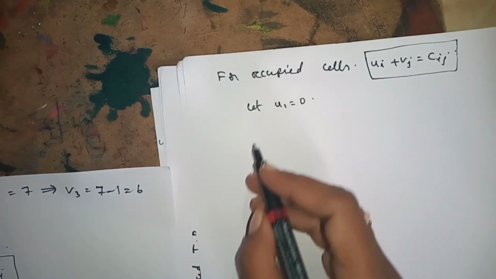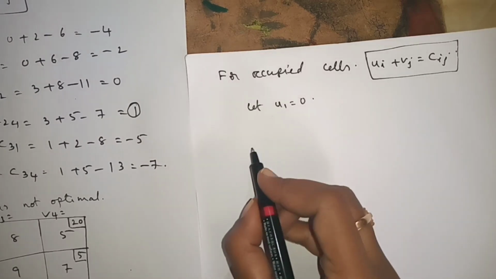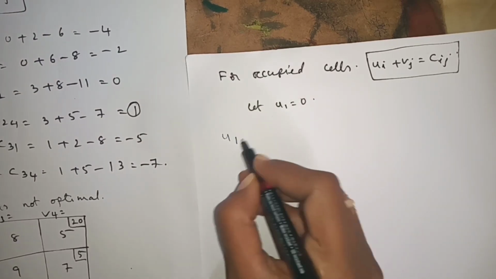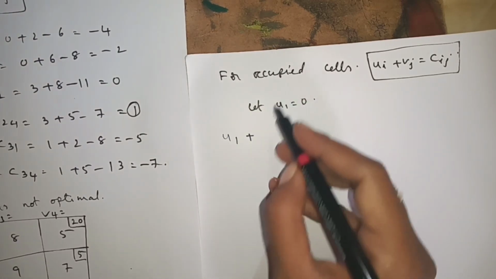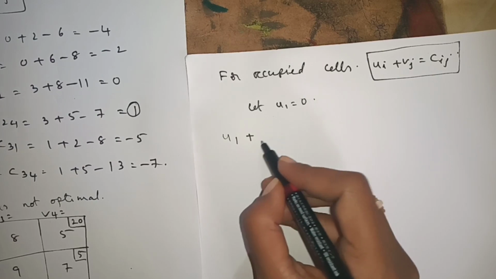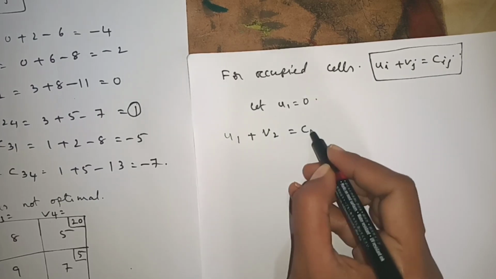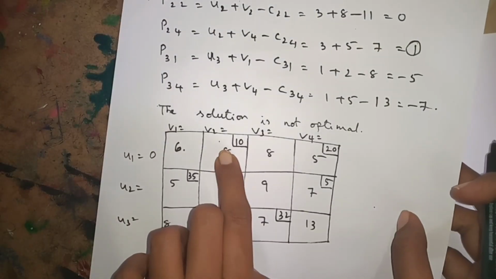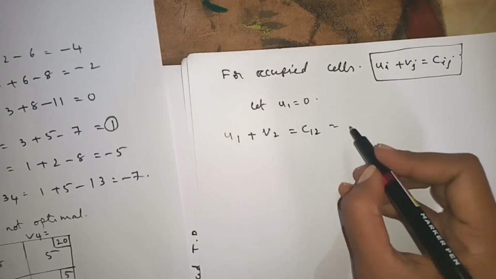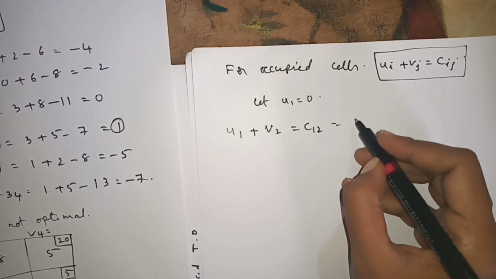Now using this cell I will tell you. For occupied cells, U1 plus V2 is equal to C12, first row, second column.